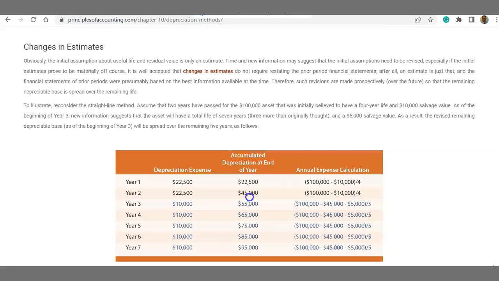Yeah, in that year, let's say you say, okay, my estimated salvage value, previously I was thinking $10,000. Now, based on the new economic situation, the estimated salvage value has changed to $15,000.